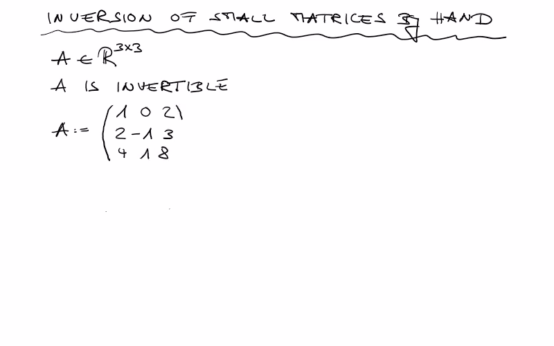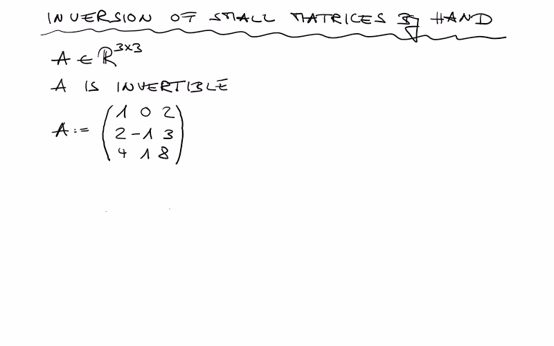Now we want to compute a matrix so that if we multiply the matrix that we compute with A, we get the identity matrix. So we get I3, a 3 by 3 matrix with just ones on the diagonal. It's kind of a little game, and we don't discuss here why this game works, but we at least define the rules of the game.